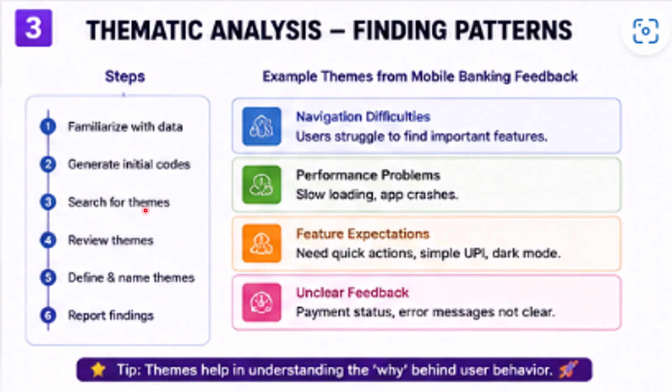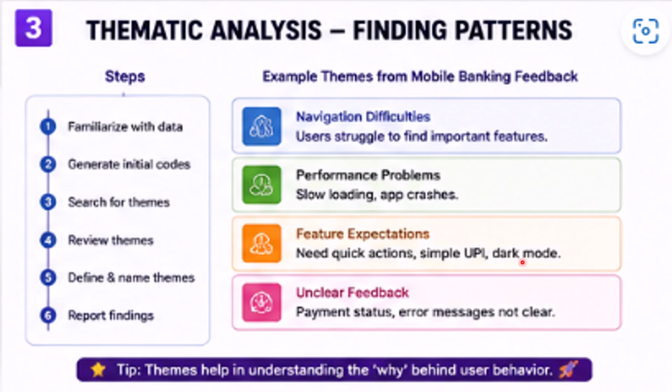Similar codes are grouped together to form themes. These themes are reviewed, refined, and clearly defined before presenting the findings. For example, in a mobile banking application, common themes might include navigation difficulties, performance issues, feature expectations, and unclear feedback.